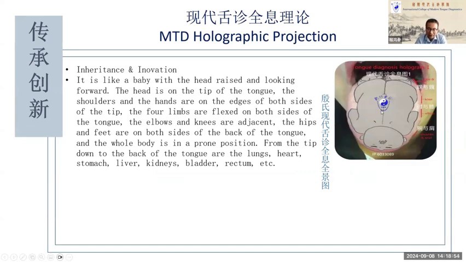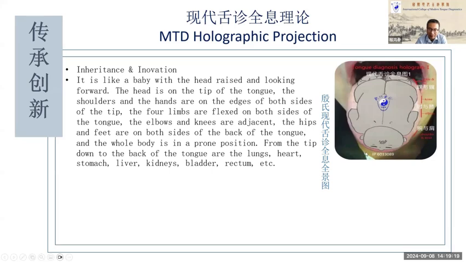In this picture, we can see the innovation part of MTD. Let me explain this picture. It is like a baby with the head raised and looking forward. Can you see?